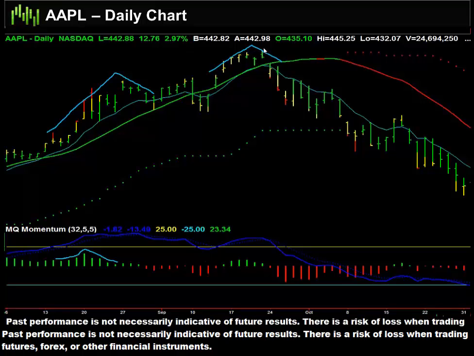And here on the second set of highs, we see the histogram only making this level of high here. Okay, compare that to the first level of the histogram here. Now what you see is prices moving up here and the indicator not nearly making a corresponding high. So that specifically is the divergence.